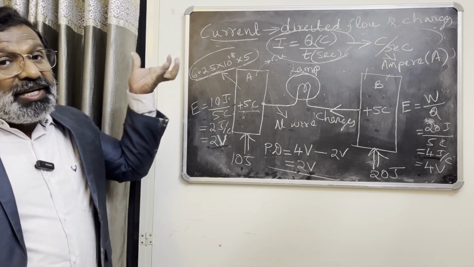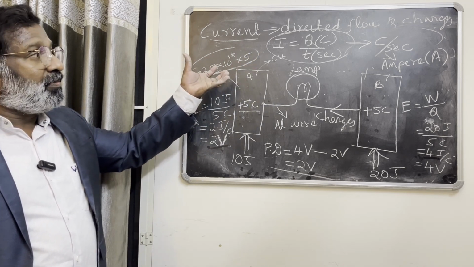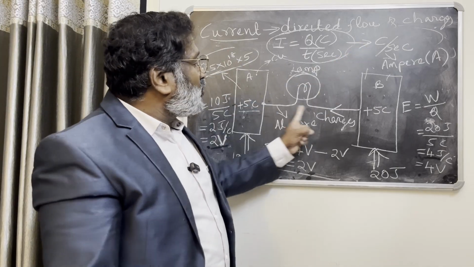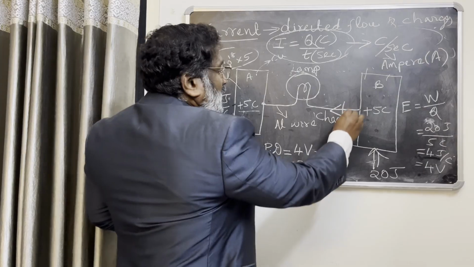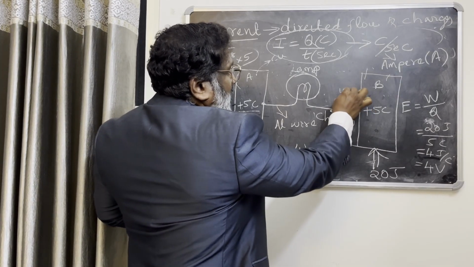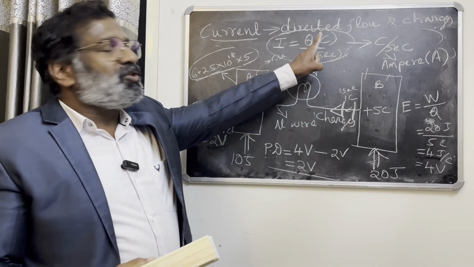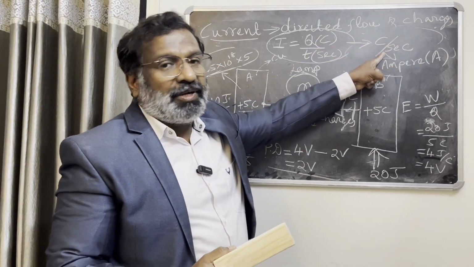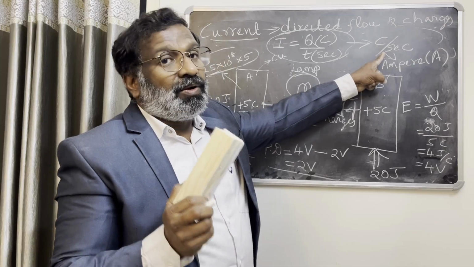So how will you define the unit of current? If 1 coulomb of charge passes through the section of conductor in 1 second, the current is 1 ampere.